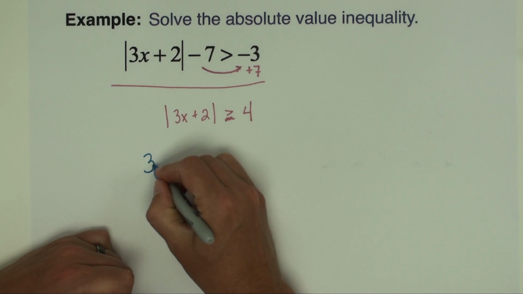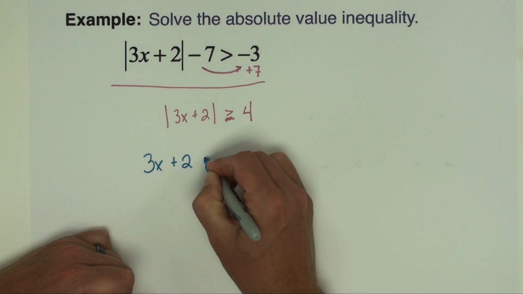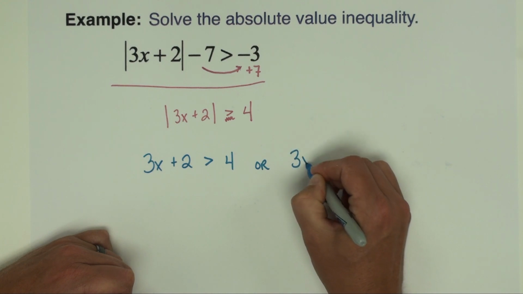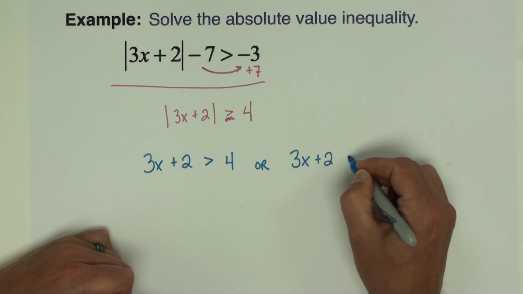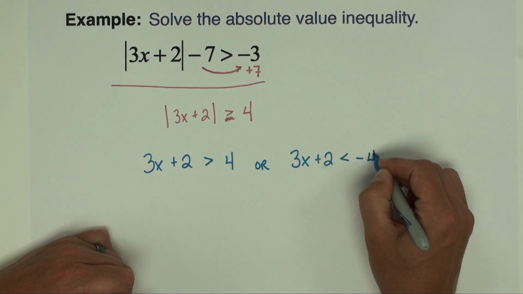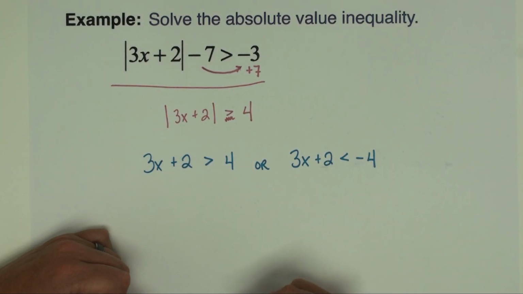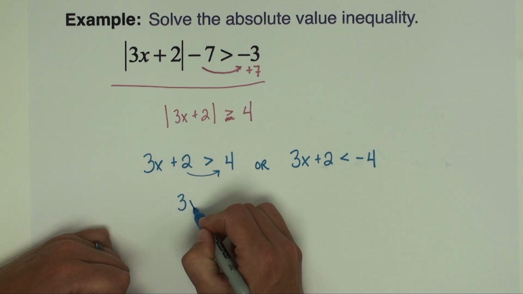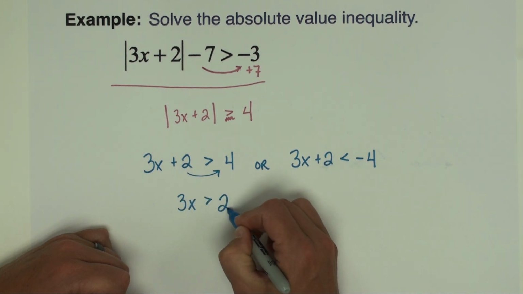So I want 3x plus 2 is greater than 4, or 3x plus 2 is less than negative 4. Okay, subtract the 2. So we have 3x is greater than 2.